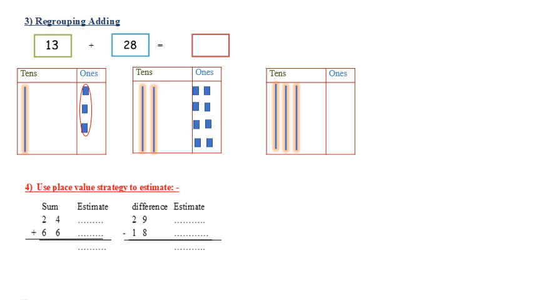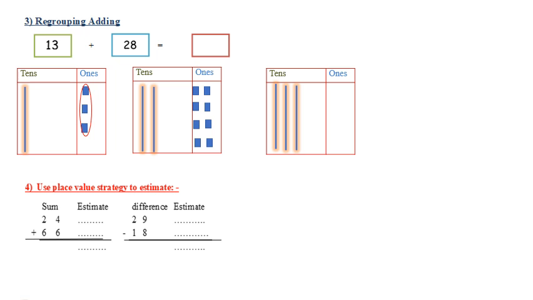I can't draw 11 small squares in ones, okay, because ones can't carry more than 9. So I'll collect 10 small squares, okay, and turn them into 1 tenth.